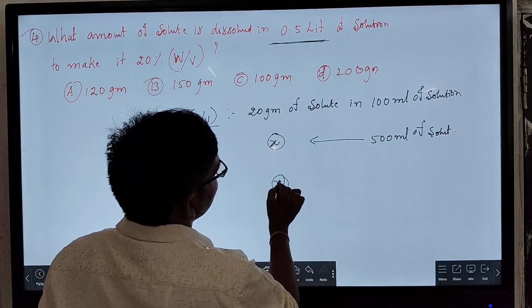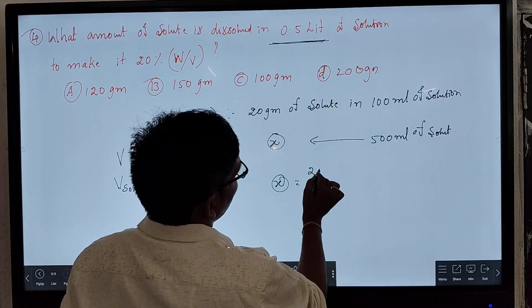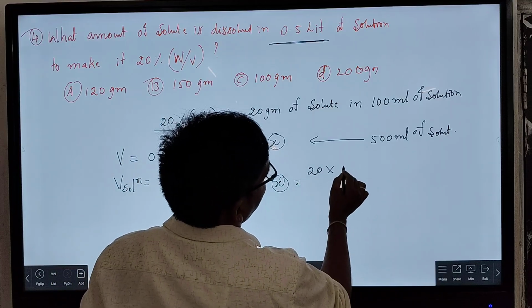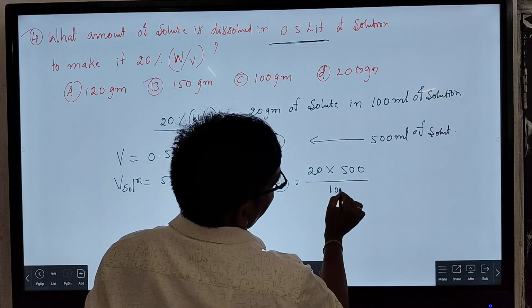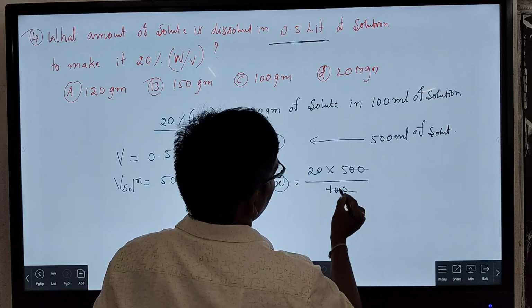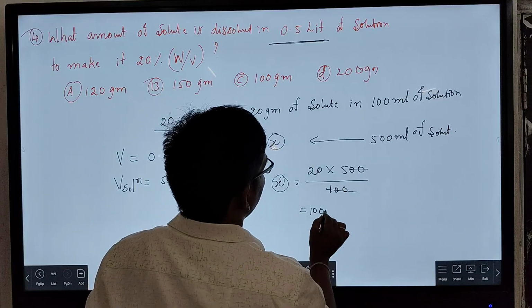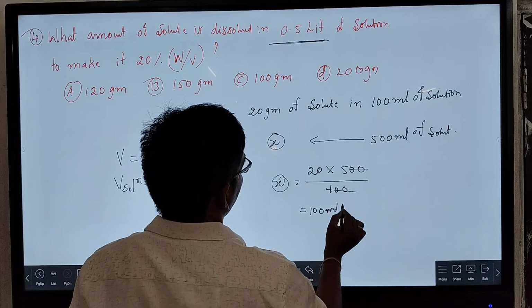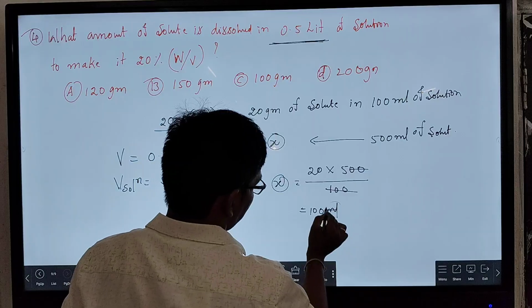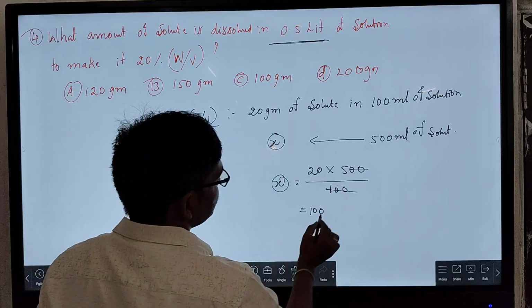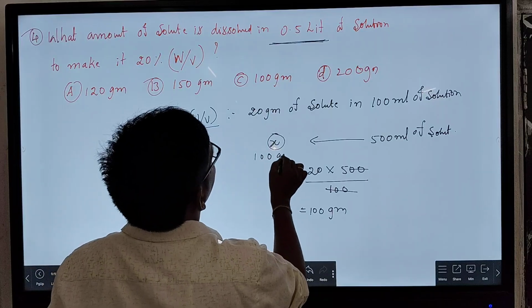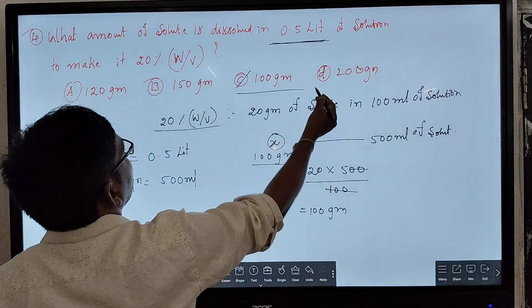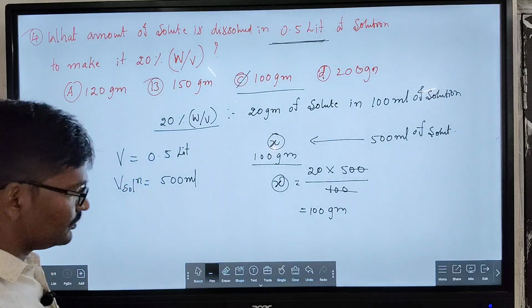That is X, so you do cross multiplication. 20 into 500 divided by 100. Two zeros cancel, 20 into 5 is 100. Sorry, 100 grams. So 100 grams is the answer for this. Clear all of you? Understand?